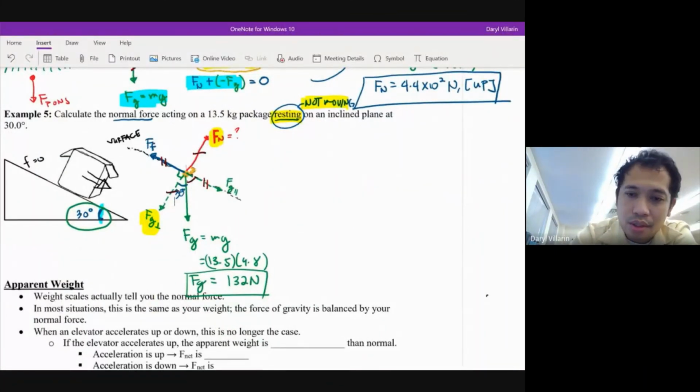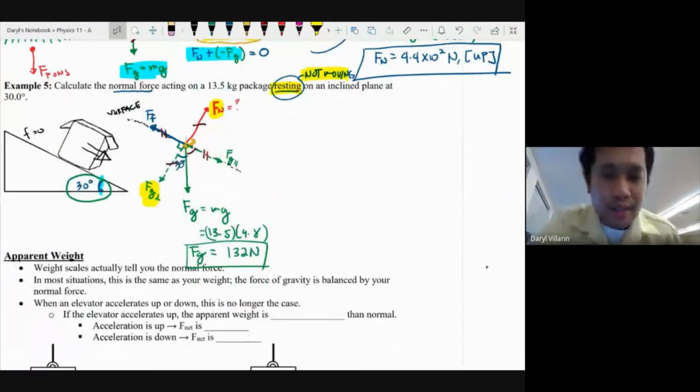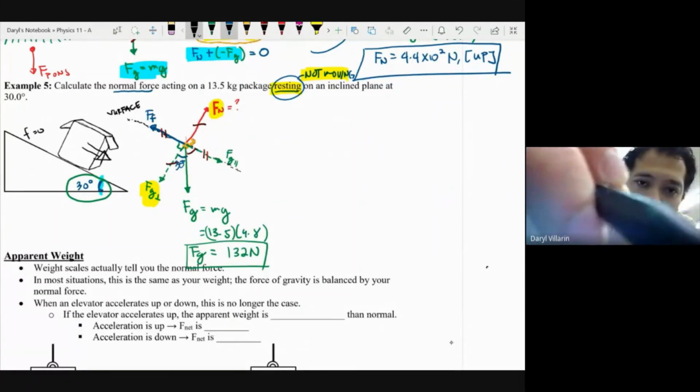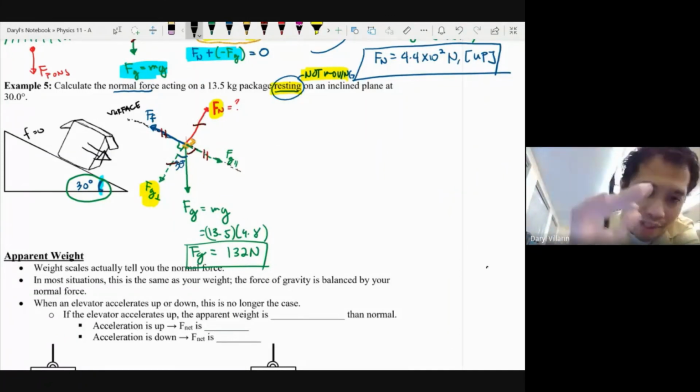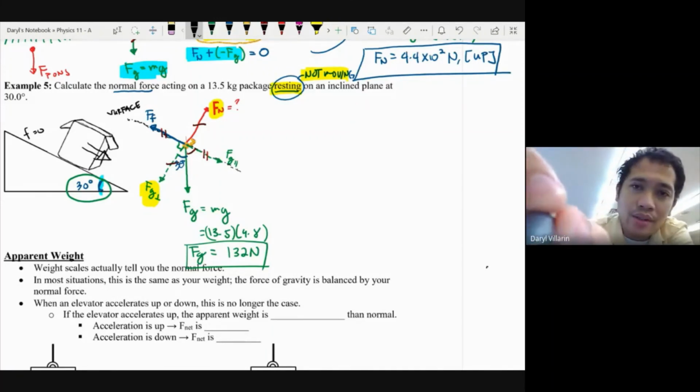Going back here, the main question is the normal force. The only thing you need to remember is that if the object is inclined, the normal force is no longer equal to Fg. The normal force is not equal to the magnitude of your weight.